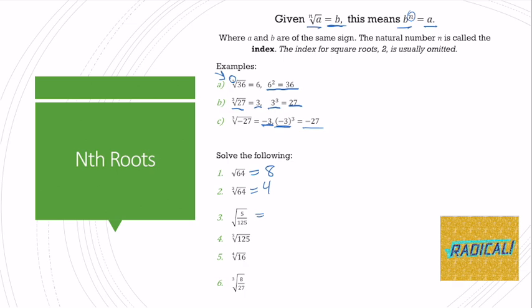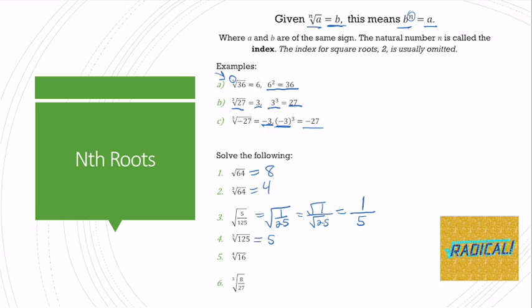That gives me the square root of 1 over 25. And an important note is, much like exponents, roots distribute over division. So that would give me the square root of 1 over the square root of 25. Well, the square root of 1 is 1, the square root of 25 is 5, so that's how that would simplify. The cube root of 125 is going to be 5, because 5 cubed is 125.